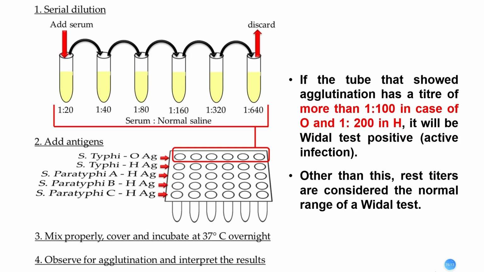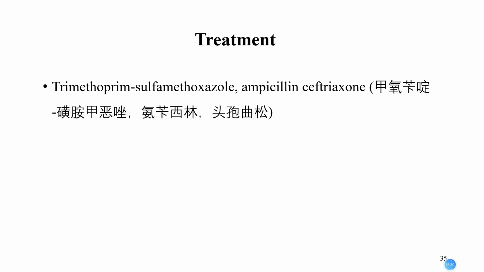For H antigen, if it's higher than 200, we say that it's positive. But if it's positive in this tube, okay, that's okay. That can happen in the negative serum.